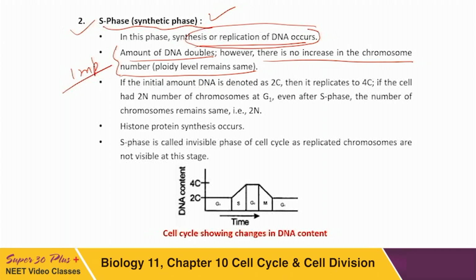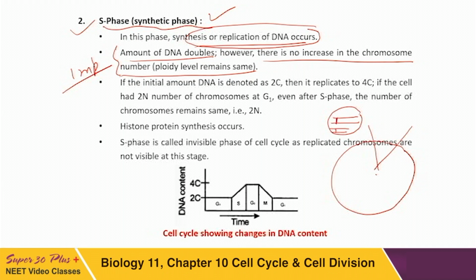See, children, let this be after the M phase is over. Let that be the parental cell. See it carefully. Let this parental cell have this chromosome, one chromosome is this and the other chromosome is this.